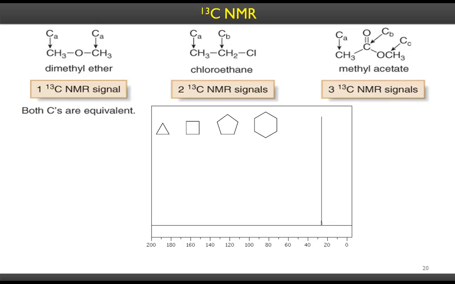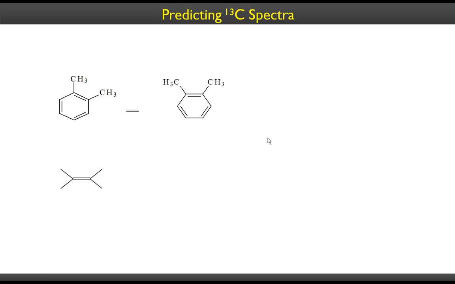Okay. So to summarize this slide, you should be able to relate the number of peaks to the chemically non-equivalent carbons. So let's take some more complicated structures here. This is dimethylbenzene.